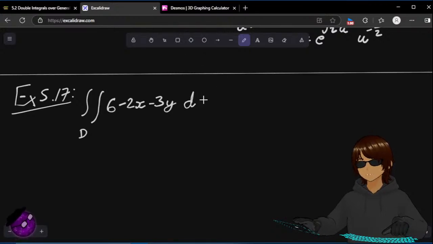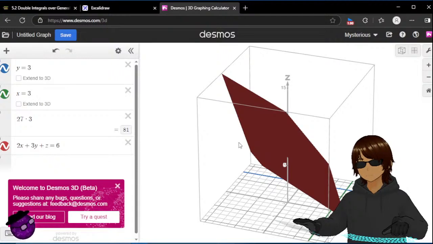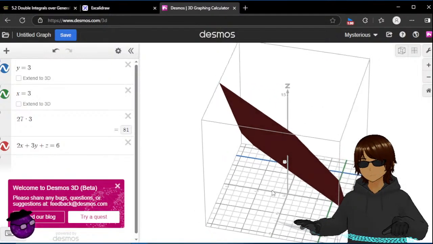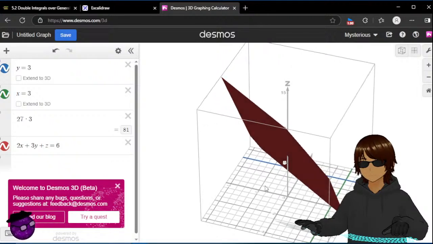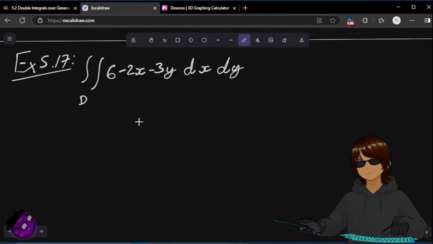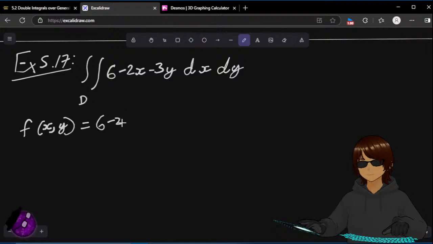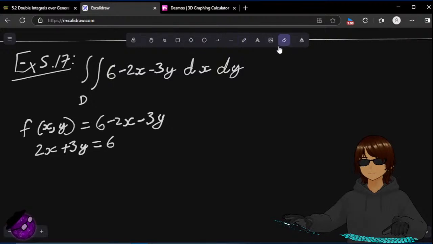Let's do it with x first and then y. We will make it a type 1 scenario. So we have this as 0, then 2x plus 3y is equal to 6.